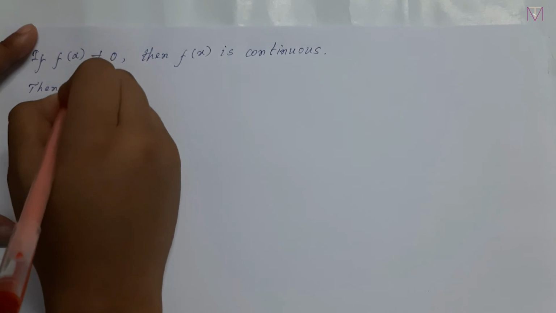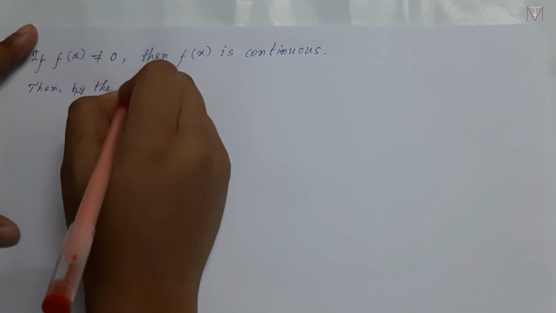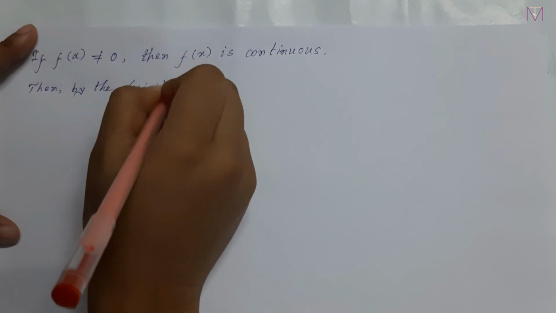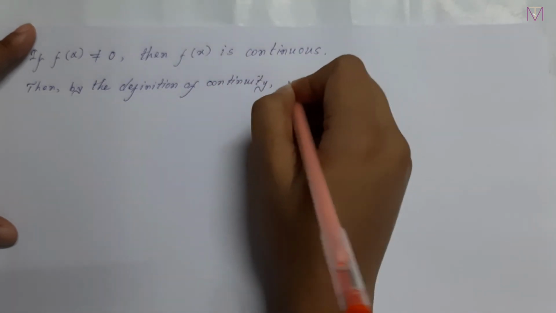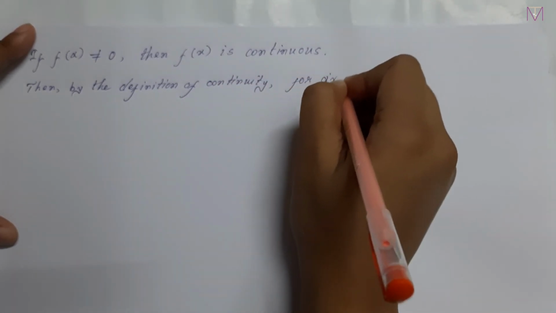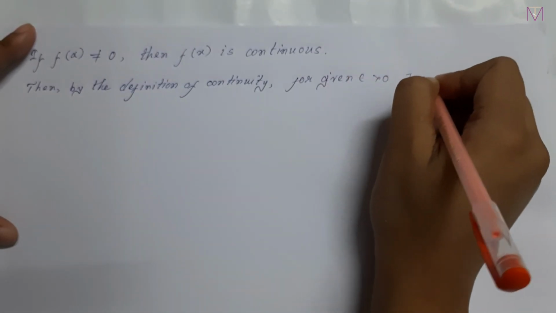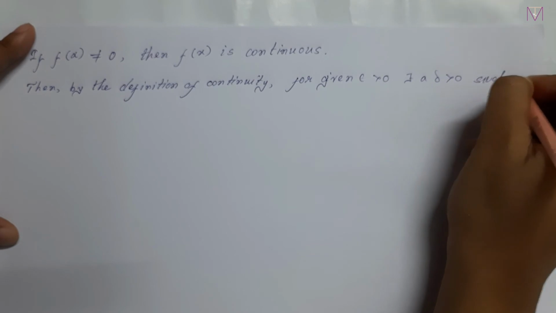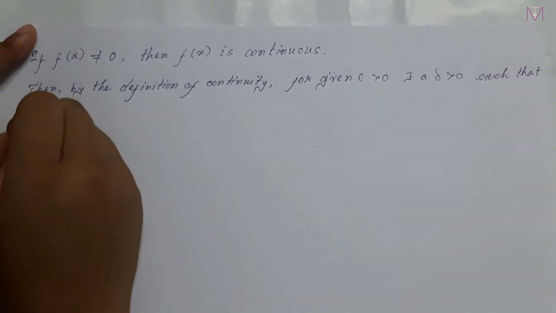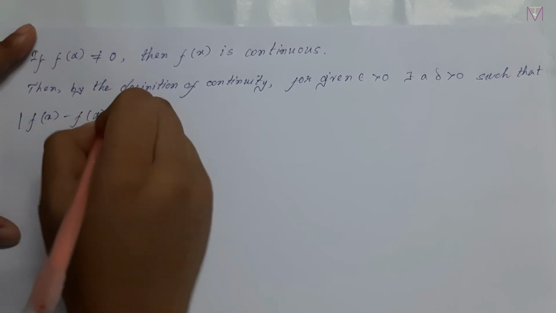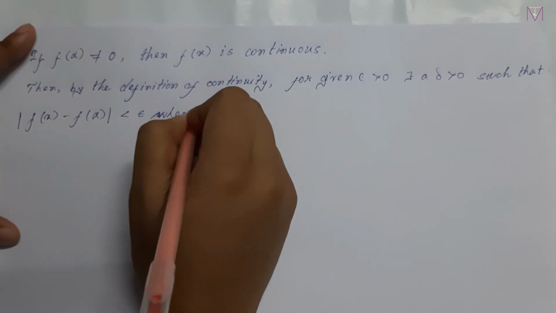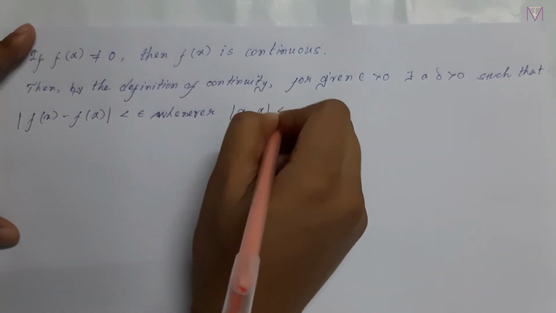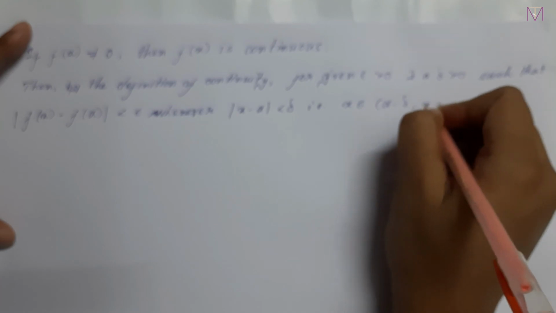By the definition of continuity, for given epsilon greater than 0, there exists a delta greater than 0 such that mod of f of x minus f of alpha is less than epsilon whenever mod of x minus alpha is less than delta, that is x belongs to alpha minus delta, alpha plus delta.